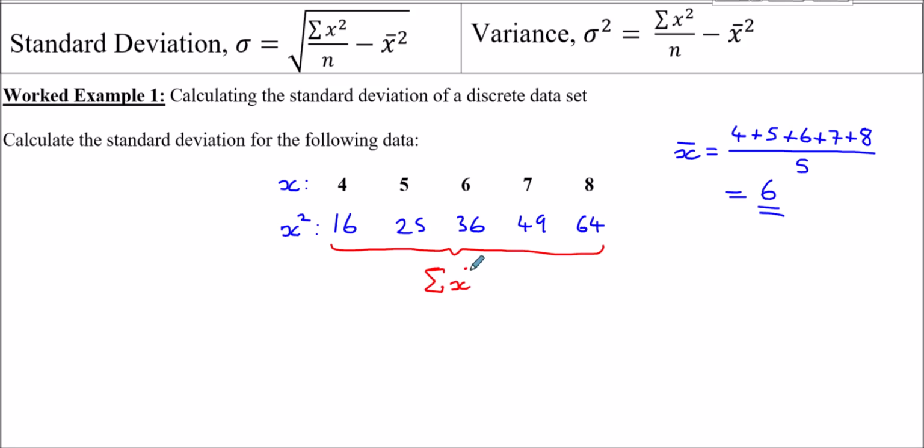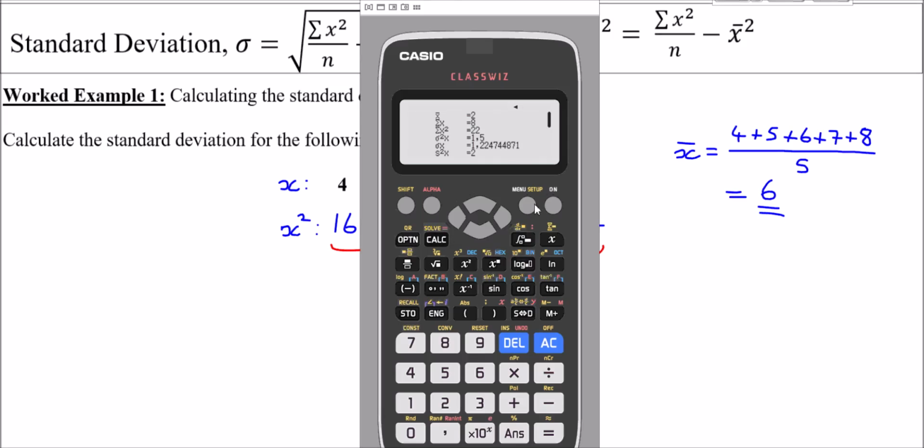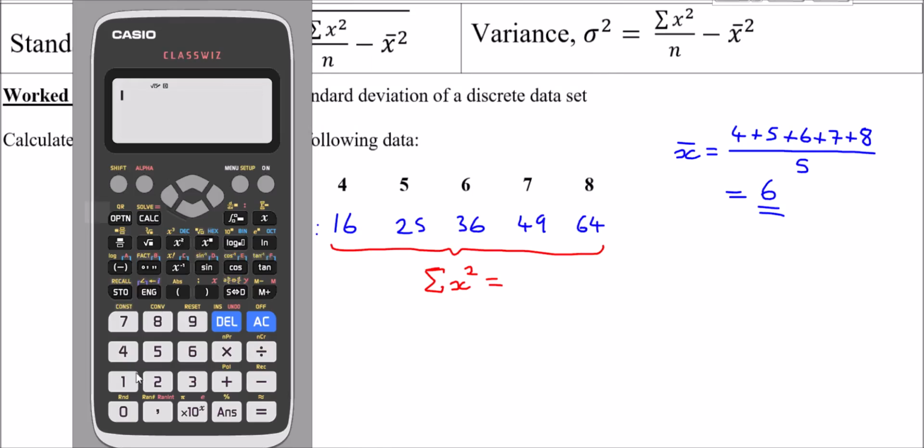I'm going to cheat here, just going to use a calculator. Get into the proper mode again, so mode 1. So 16 plus 25 plus 36 plus 49 plus 64 gives us 190.